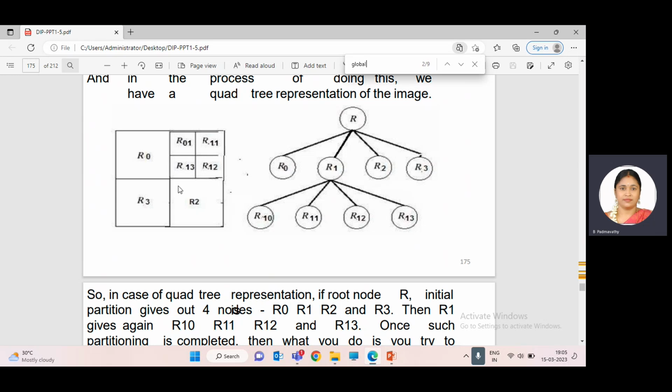And whenever I'm splitting an image, as I have told, it is divided into 4 components: approximation, horizontal, vertical and diagonal. All the features of the image will be transferred into the approximation coefficient. So the detail of the image can be segregated using the approximation coefficient. Here we can see the approximation holds the area of R0.